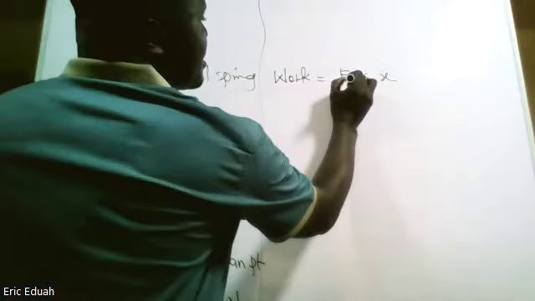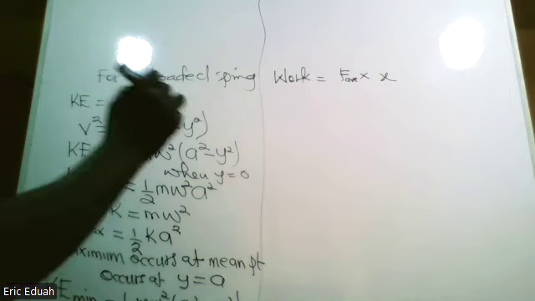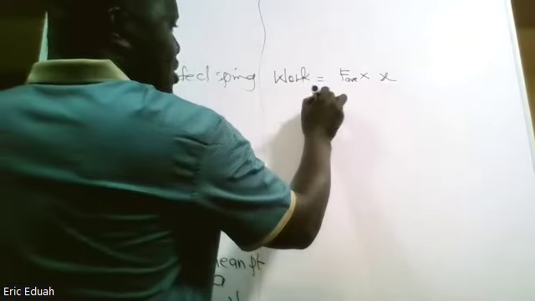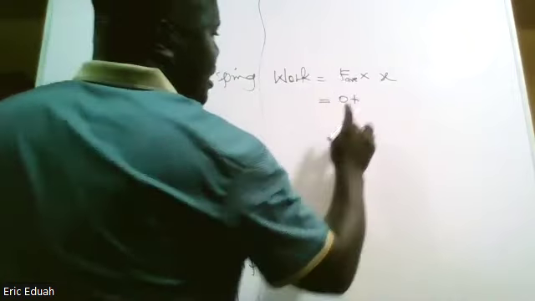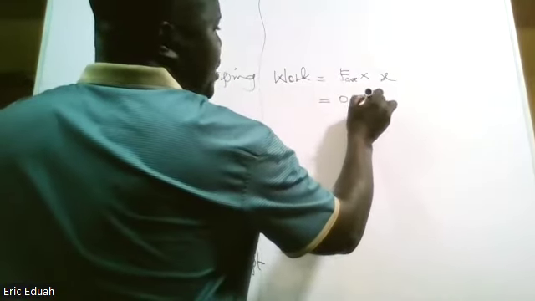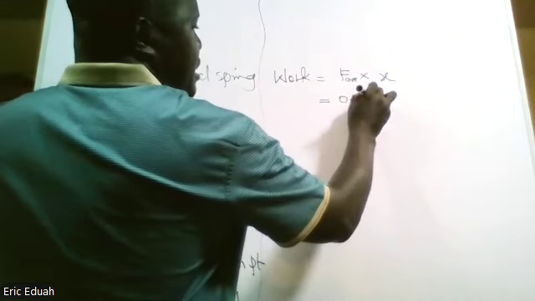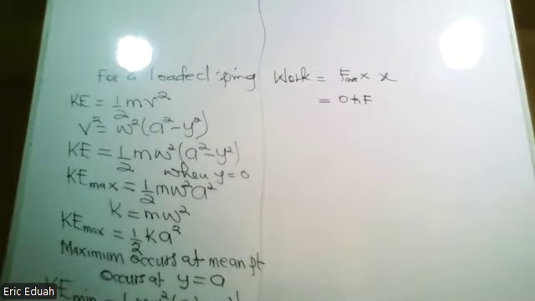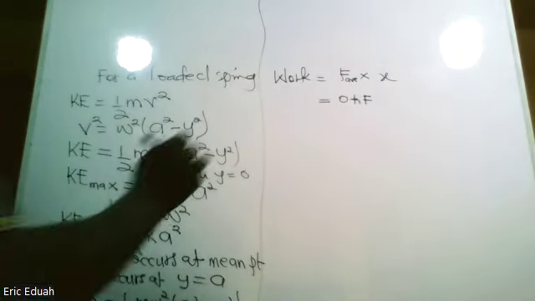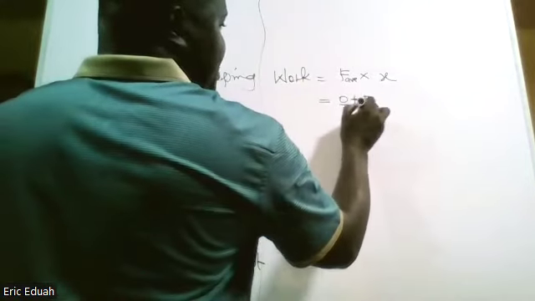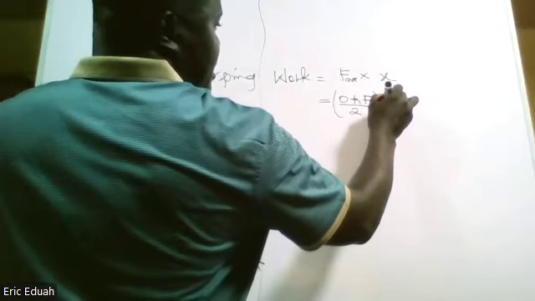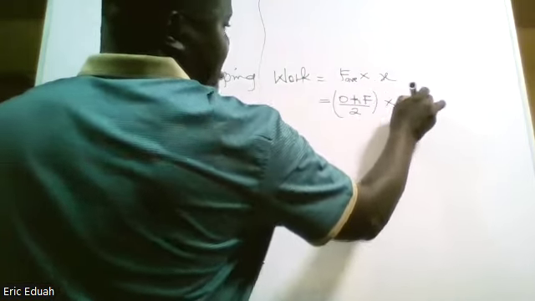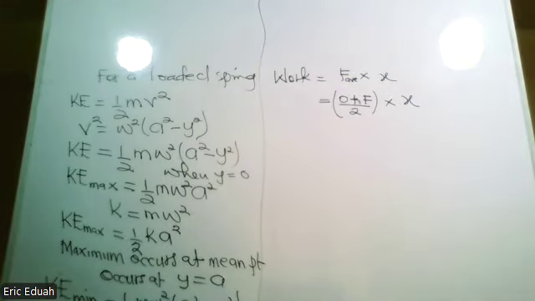Here the force is the average force. So we look at the force on the spring when there's no load, which is 0, and then the force on the spring when there's load. This is the restoring force. Now, for the average, we must sum these two forces up and divide by 2. This times the extension x.